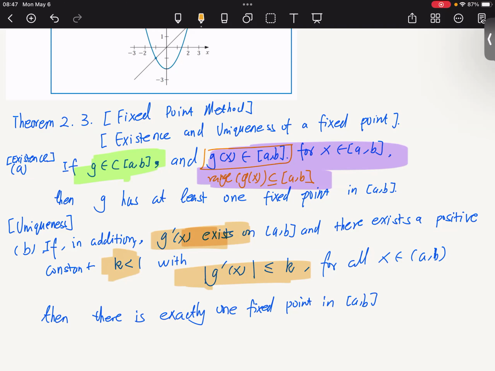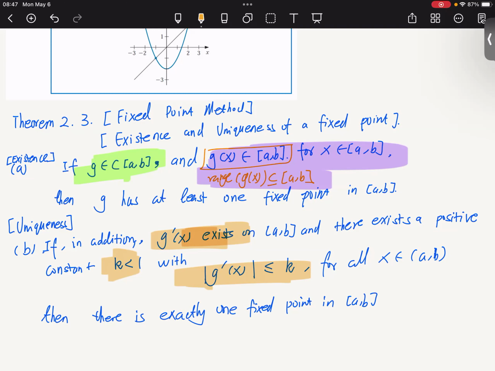For example, this is 1 and 2, and this is a continuous function, but it does not have a derivative here because it's a sharp point. In this case, G prime x does not exist on the interval (a, b). The derivative exists here, but it doesn't exist at this point, so this criterion cannot be satisfied. Does it make sense?